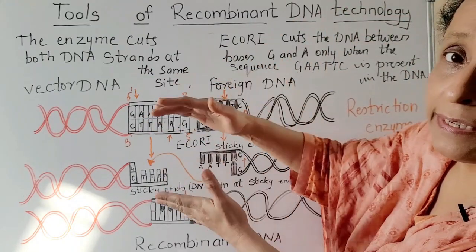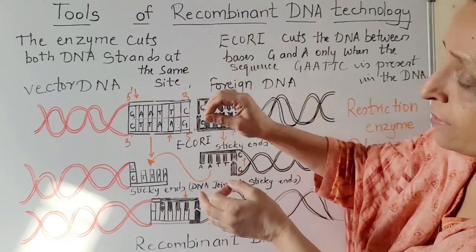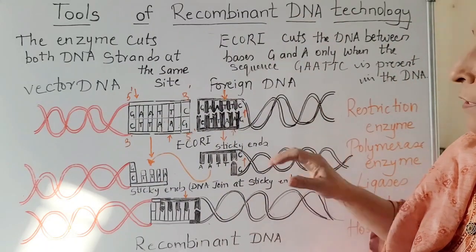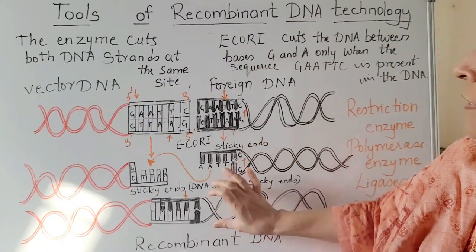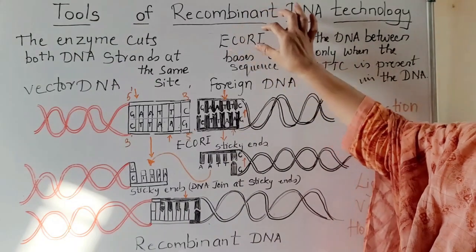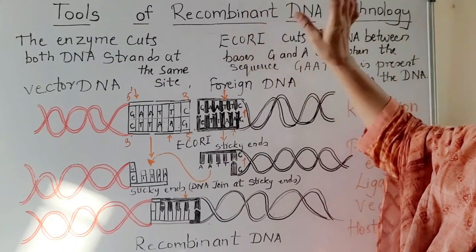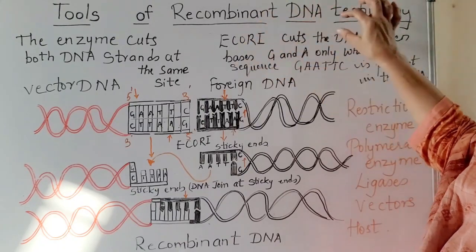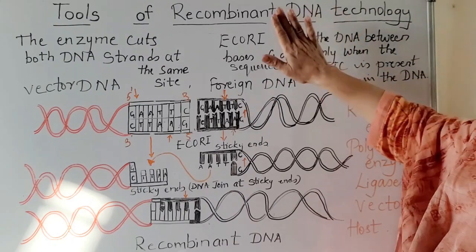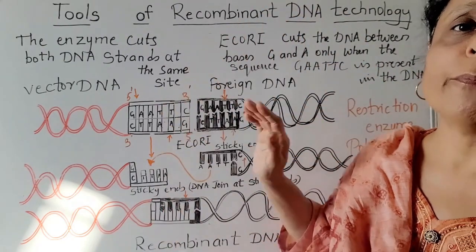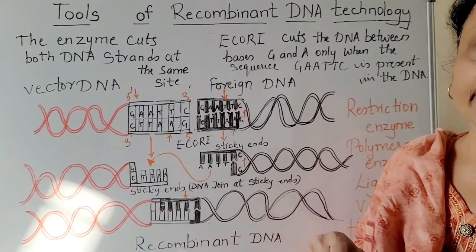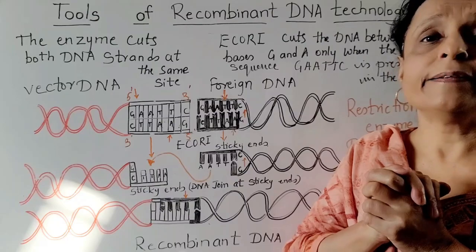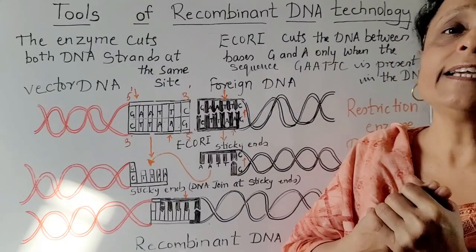Once they develop sticky ends, with some sequence hanging, they are stuck together by DNA ligases. So now we have the recombinant DNA with the help of this enzyme, EcoRI. This is how this enzyme works in forming a recombinant DNA. So now we have 900 enzymes from the 230 strains.